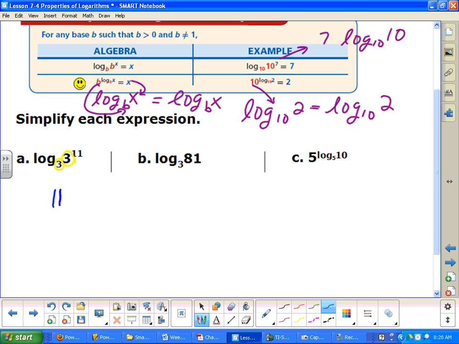What, 4? Okay. So I could rewrite this as a log base 3 of 3 to the 4th power, couldn't I? Because 81 is the same as 3 to the 4th power. So then this just equals 4 because these two things are the same.